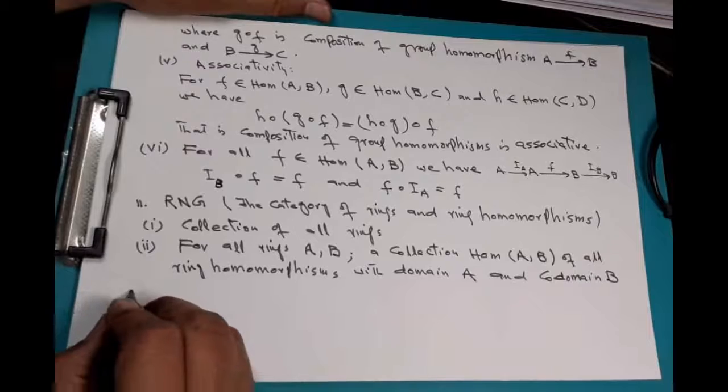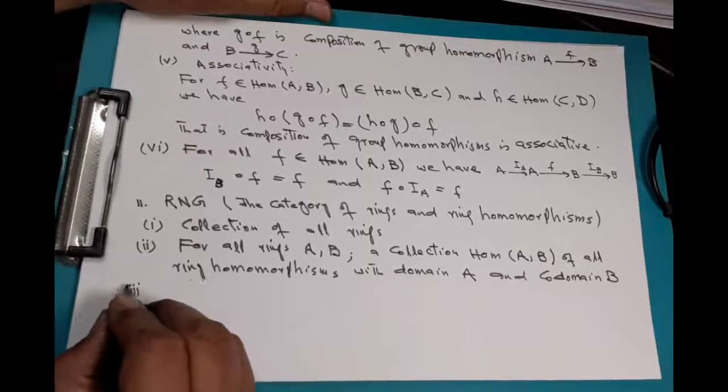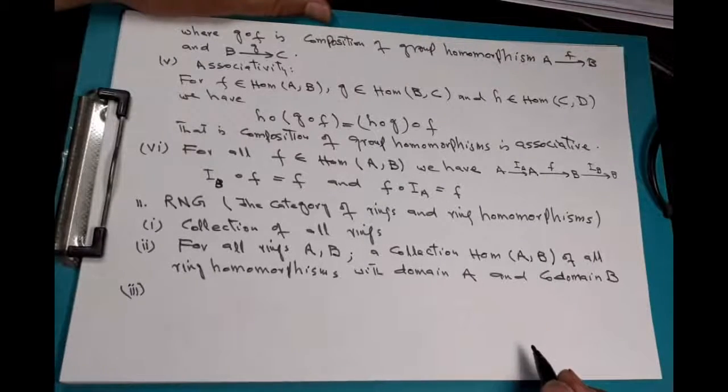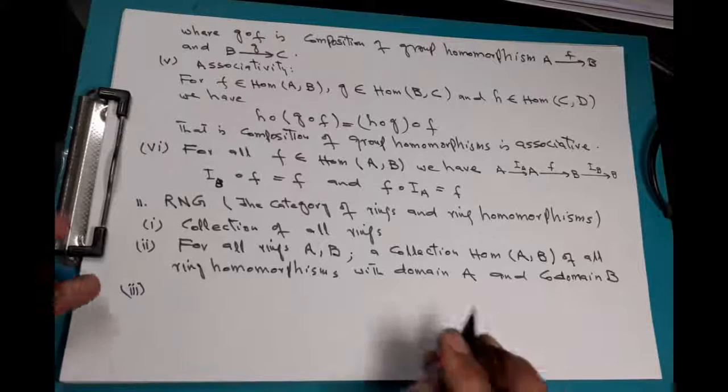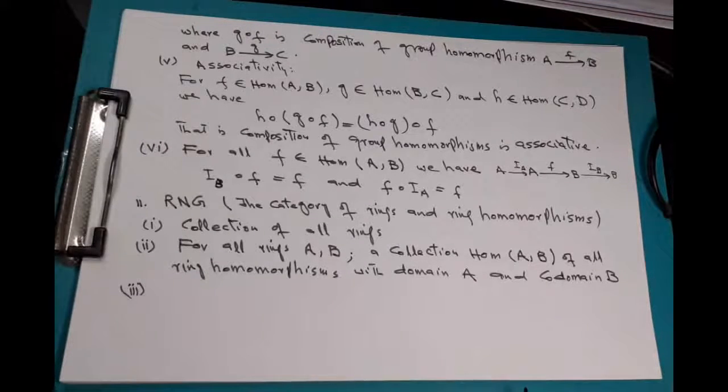And then thirdly, for each ring A, we must have an identity ring homomorphism from A to A. We denote it by the same symbol, capital I with capital A as subscript.